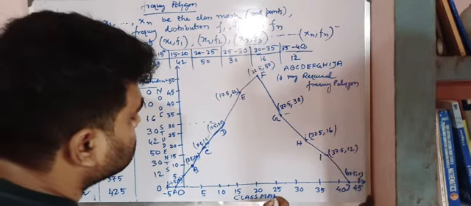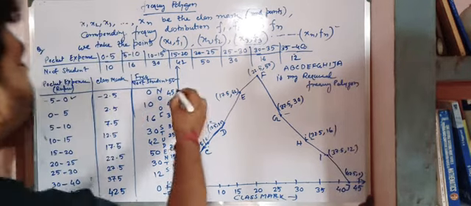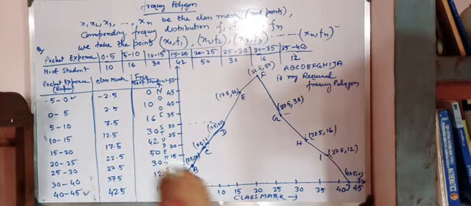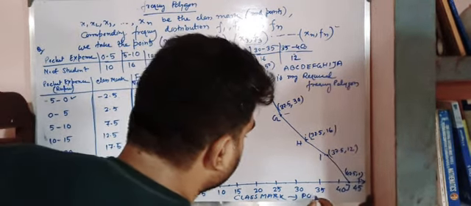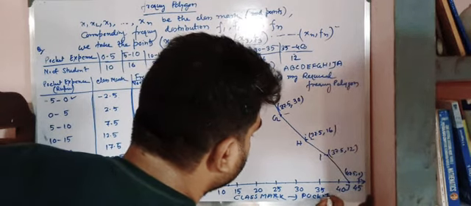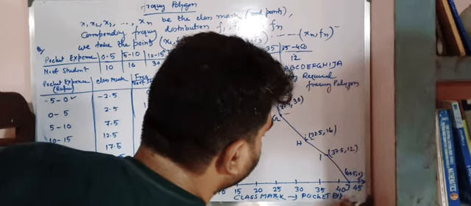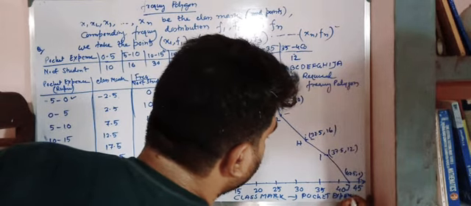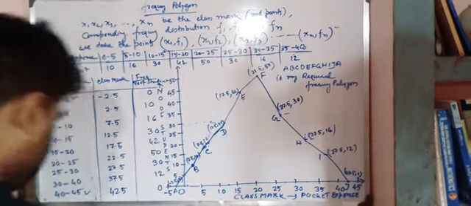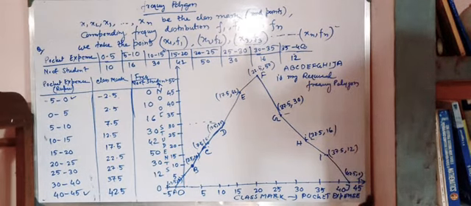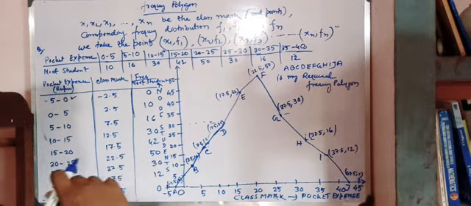Okay, this is vertical and this is horizontal, the class, that is pocket expense. Understood? In rupees, obviously, pocket expense in rupees. So this is the main frequency polygon.